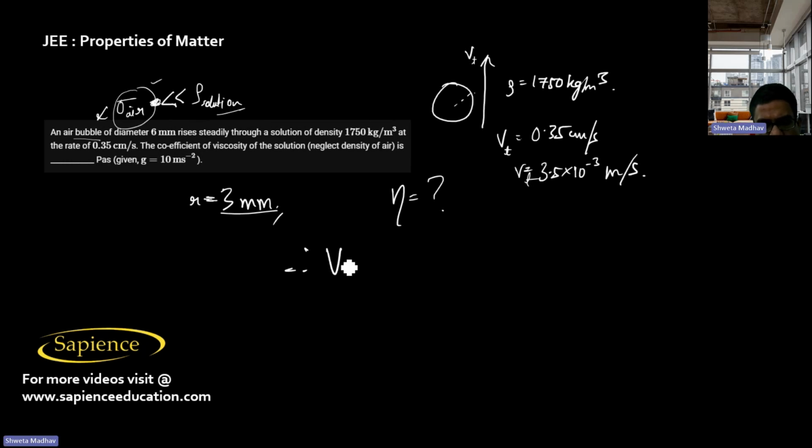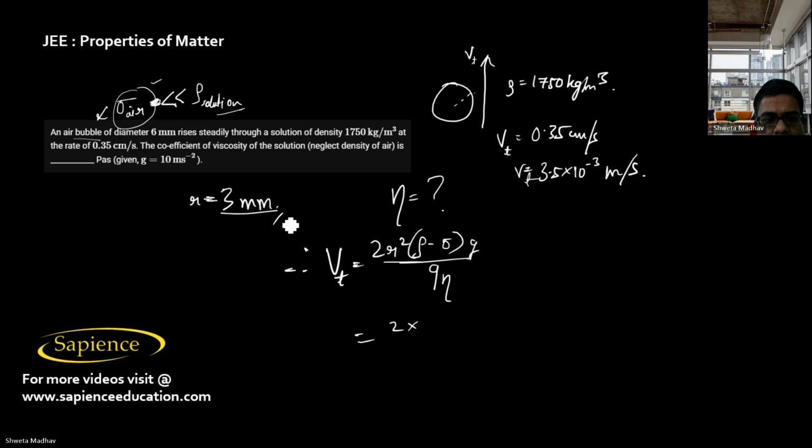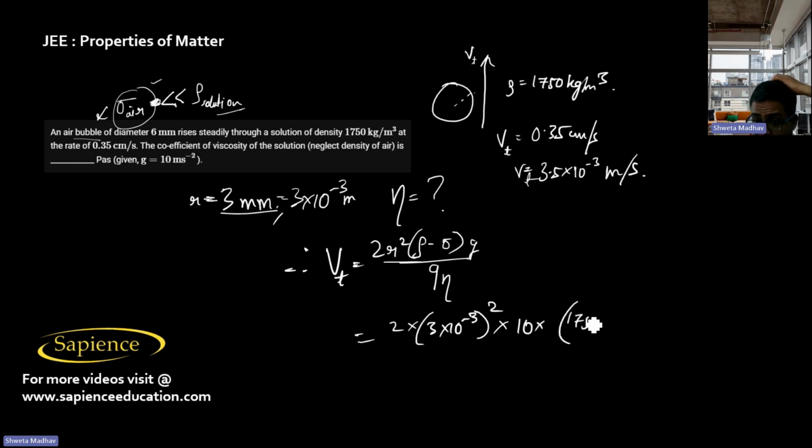So here we know that the terminal velocity is given as 2r square into rho minus sigma, g by 9 eta. So this will be 2 into r square, r is 3 millimeter, meaning 3 into 10 power minus 3 meter, whole square, into g, g is 10, into rho minus sigma, that is 1750 minus approximately 0.